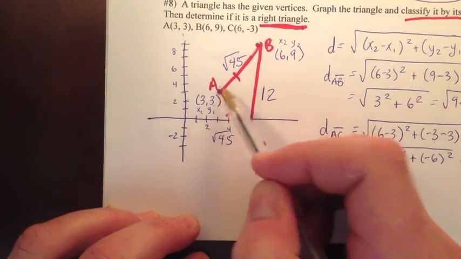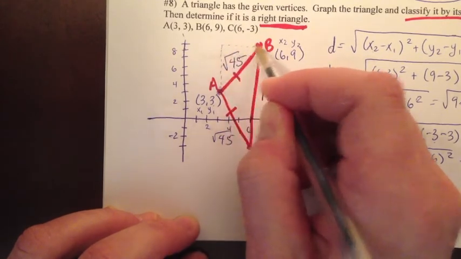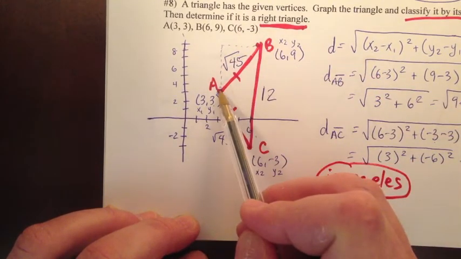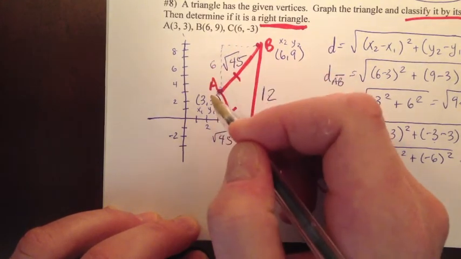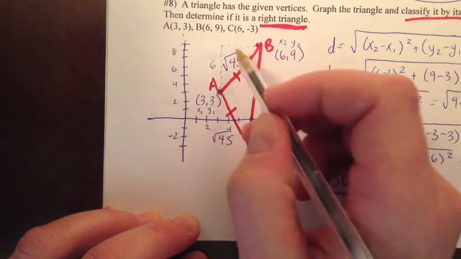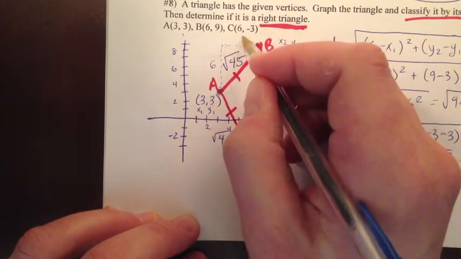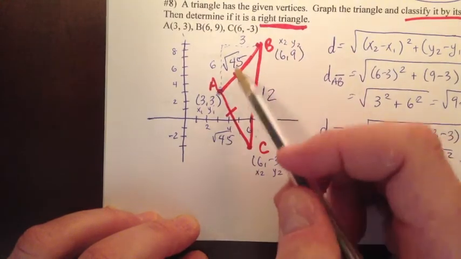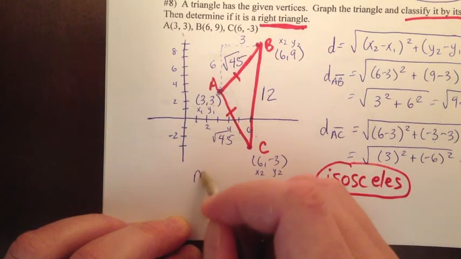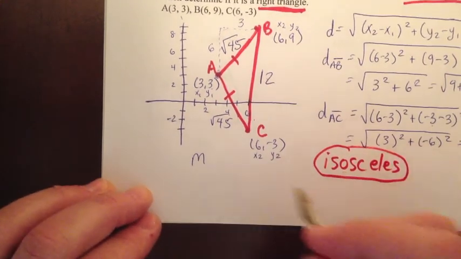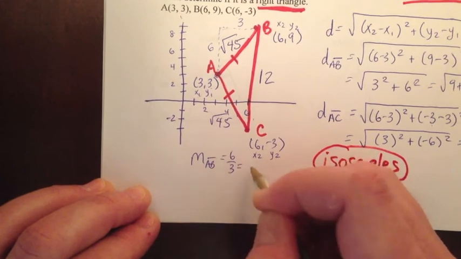So for AB, we would rise and we would run. Now if I count this from 3 to 9, I would rise 6, and then I would run, let's see, 3 to 6. That would be 3. So we would rise 6, run 3. So the slope of AB is 6 over 3, which is 2 over 1.